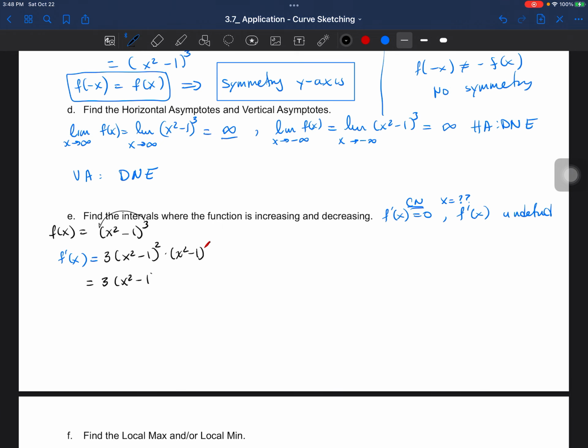Right, so we'll do that in the next one. So that will be equivalent to 3 times x squared minus 1 squared. The derivative of x squared minus 1 is 2x. And so to find the critical numbers of this, we're going to set this equal to 0.